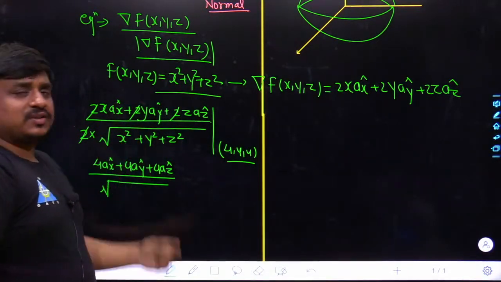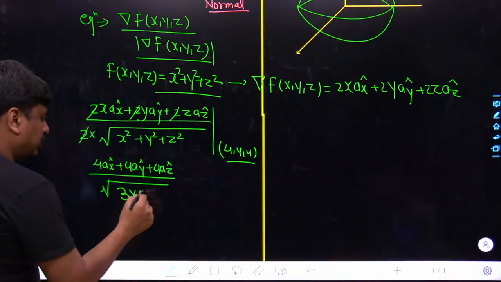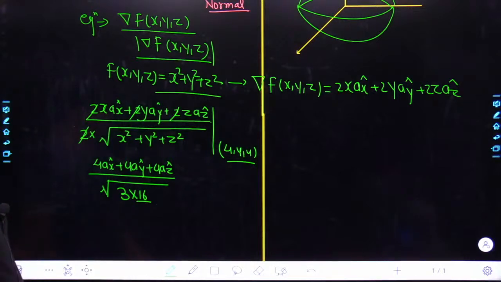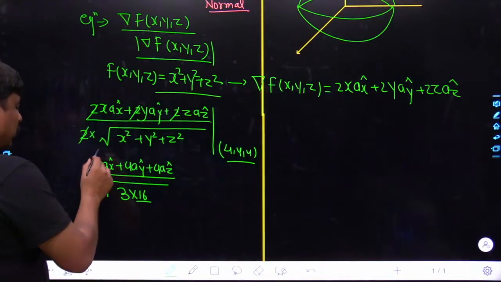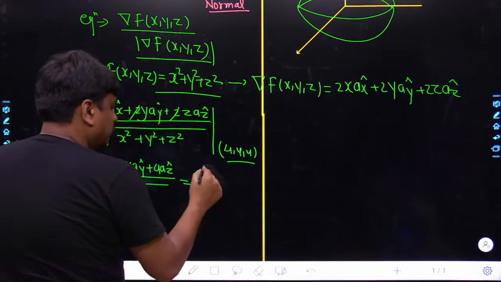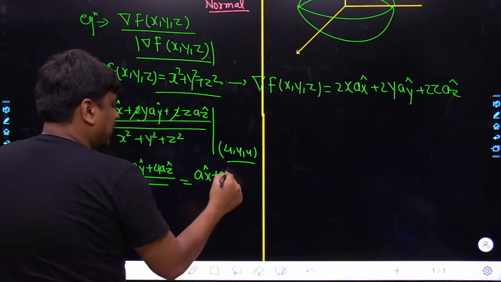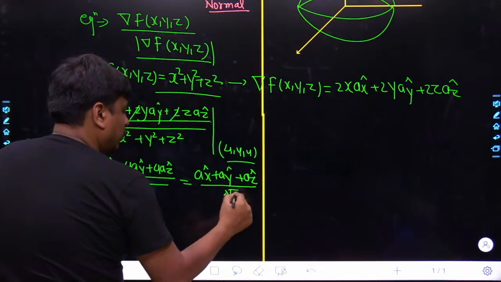How many times would the 16 come? 3 times the 16 would come. So it would simply be 3 into 16. Once the 16 goes out, only the 4 would come out, and once the 4 goes out, all this component vanishes. So the factor left out is simply going to be ax cap plus ay cap plus az cap divided by root 3.